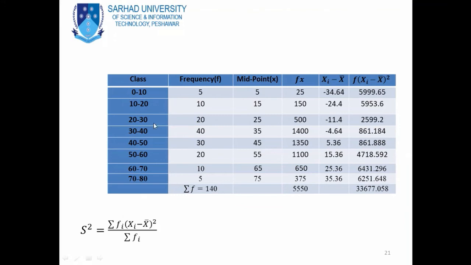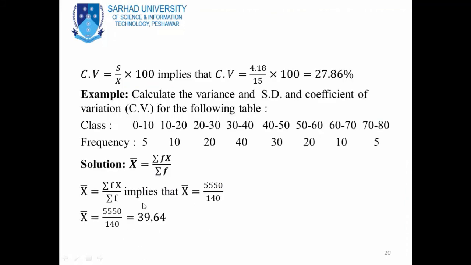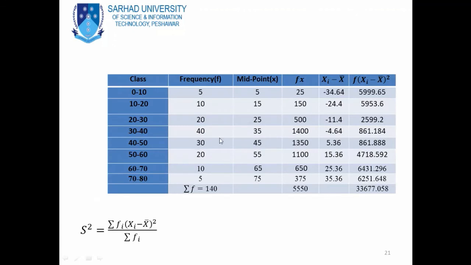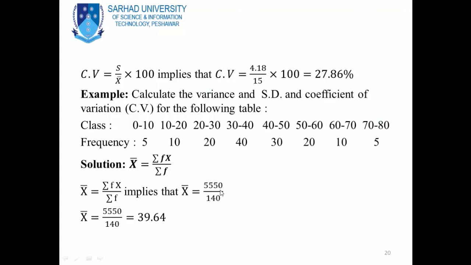Find the midpoint of each class. You obtain x. Now f and x multiplied, construct this column. Now find the mean: sigma fx is 5550, and sigma f is 140, so the mean is 39.64.